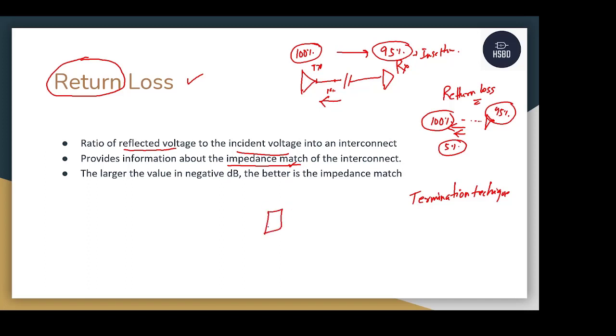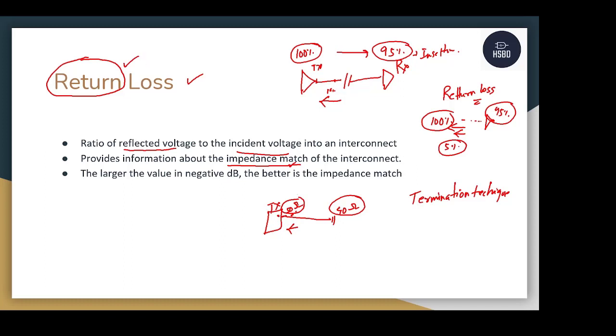For example, if the pin of the transmitter is at 50 ohms of impedance, and your transmission line is matched at 40 ohms, there is an impedance mismatch between them. Because of this impedance mismatch, some part of the signal gets reflected back to the transmitter in the form of return loss.